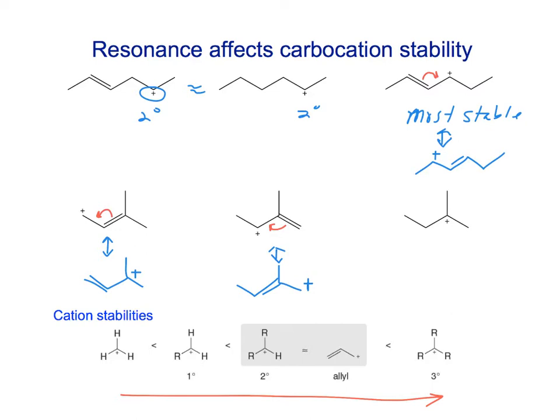So the allyl stability here, notice that this allyl cation would be delocalized between a primary position on one side, and if we drew its resonance contributor, what would be the substitution on the other end? Primary as well. So this is kind of between two primary positions.